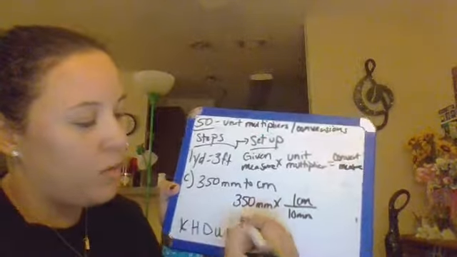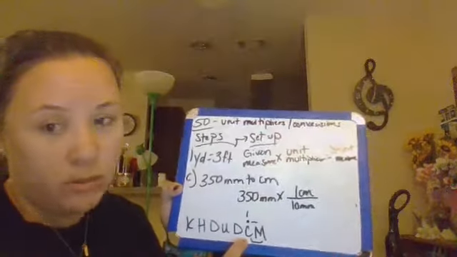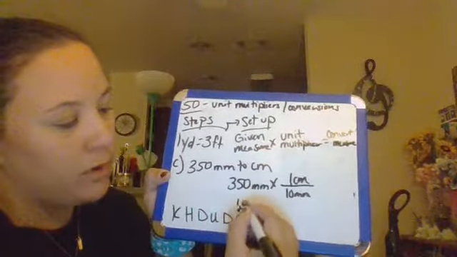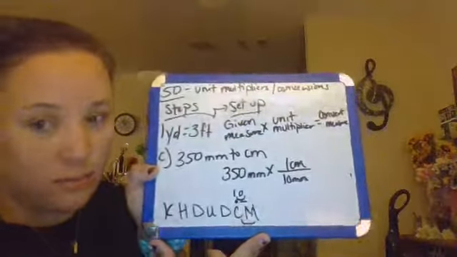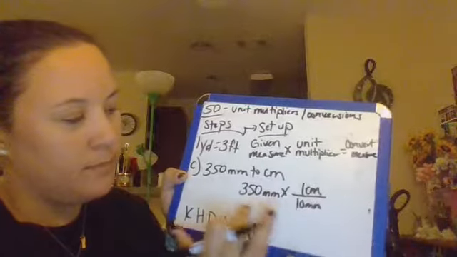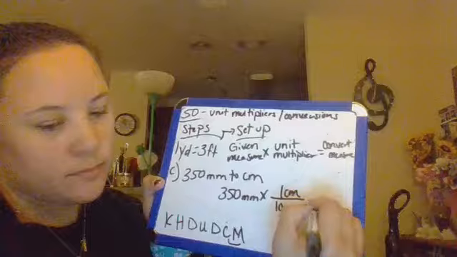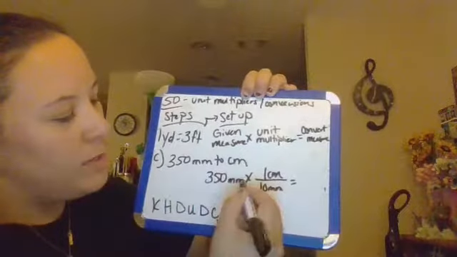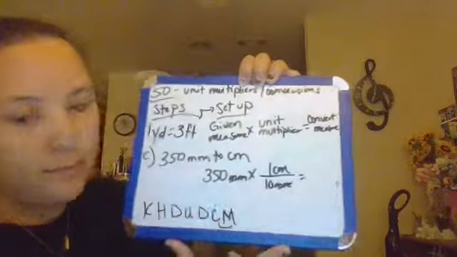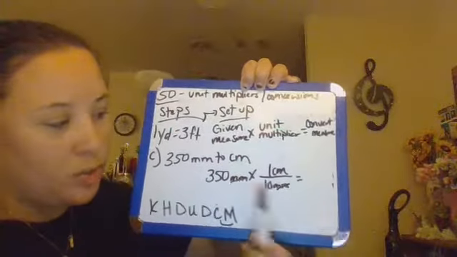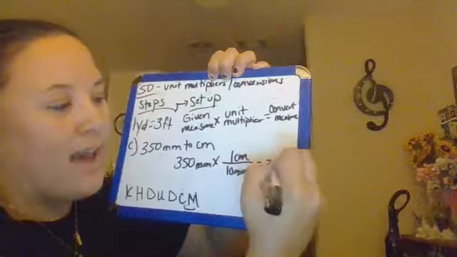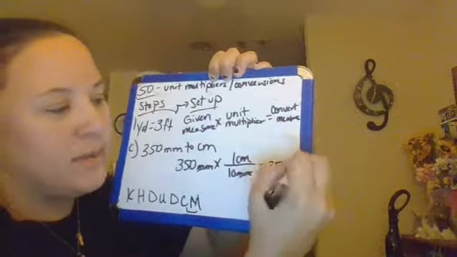So if we started with 1 centimeter, and we want to know how many millimeters there are, we're moving that decimal point over. So that gives us 10. Right? So then our millimeters are going to cross themselves off. And it's on the bottom, so we're dividing 350 by 10, which gives us 35 centimeters.